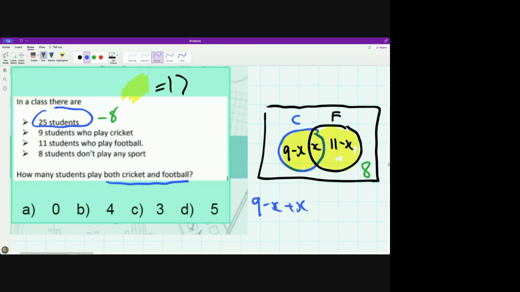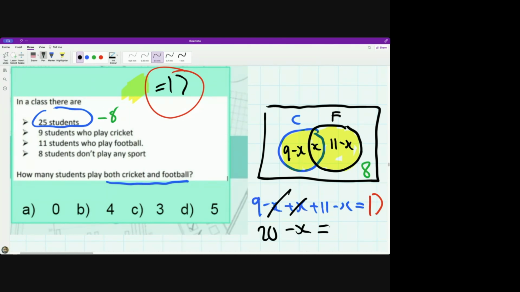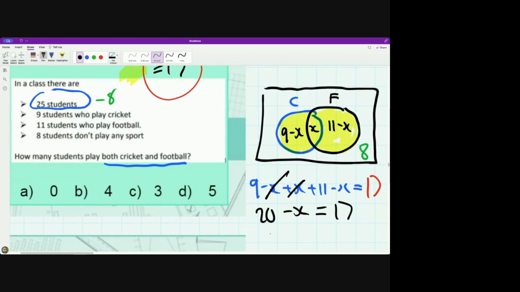So 9 minus x plus x plus 11 minus x must be equal to 17, because 17 was how much had to go in the yellow region. And if we then solve this equation, we've got 18 minus x. Wait, not 18, it's going to be 20. So it's going to be 20 minus x equals 17, which then means x is equal to 3.